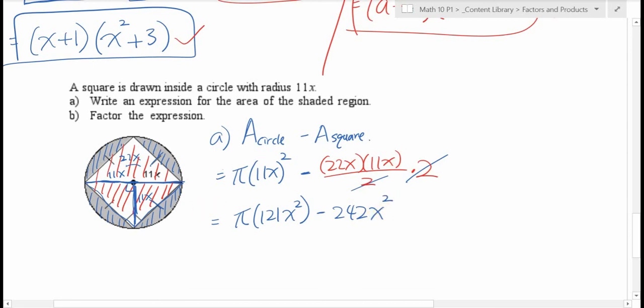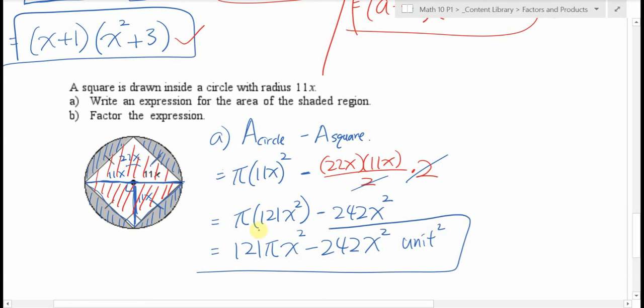Usually we write the coefficient, the number, first, so 121 pi x squared minus 242 x squared units squared. And that's the answer for part A.